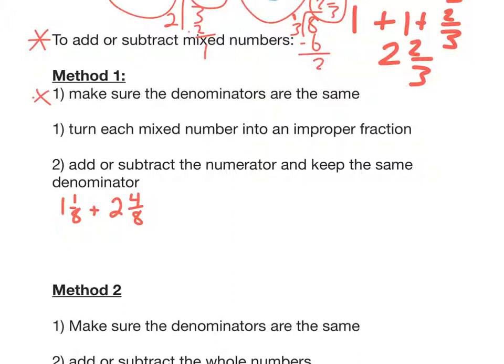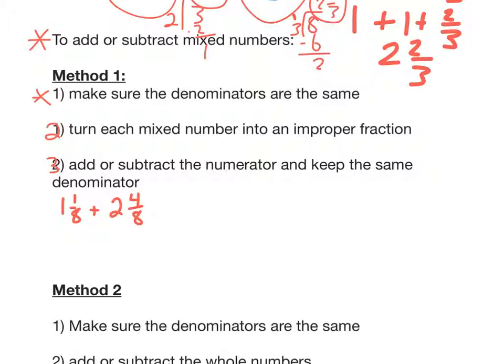Okay, so check this out. I was testing you on this. I didn't change my steps. Step 2, turn each mixed number into an improper fraction. Okay, we talked about that up above. And then step 3, I was testing you again to see if you noticed that. Add or subtract the numerators and keep the same denominator.